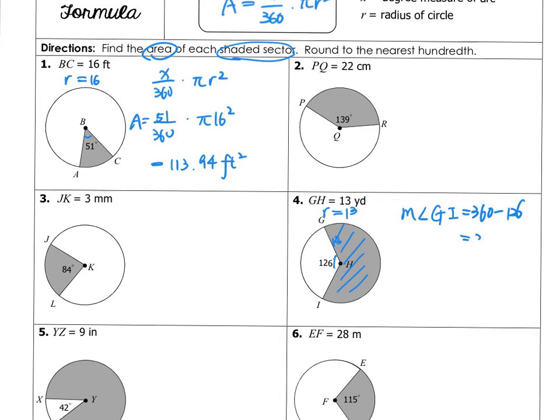That should give me 234. Now I've got everything I need. 234 over 360 gives me that percentage, times pi r squared. R is 13. Then you use your calculator, and that should give you 345. In this case, be careful with the units. It's yards squared.